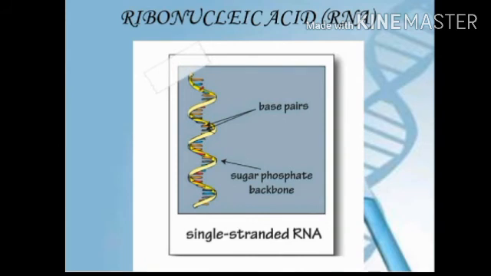Sugar phosphate joins to form the backbone of the RNA molecule and nitrogen bases are perpendicular to it. Here thymine is replaced by uracil in the RNA molecule.